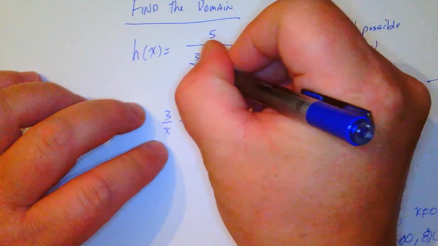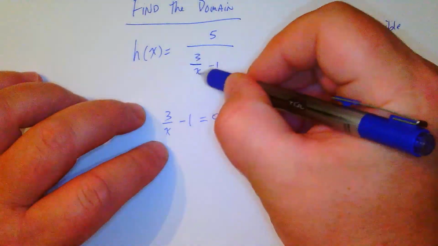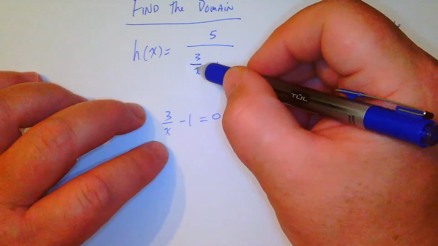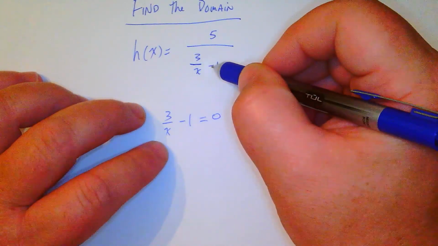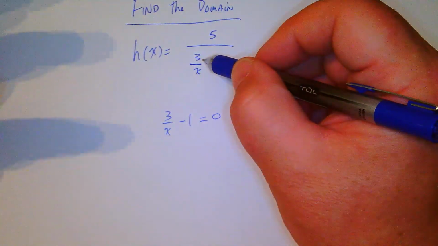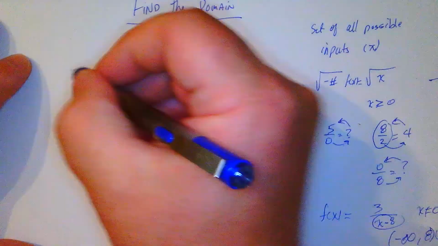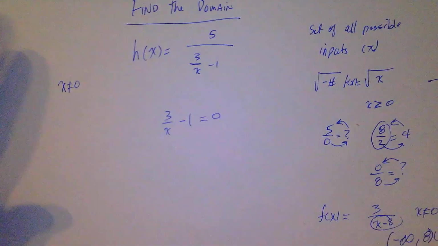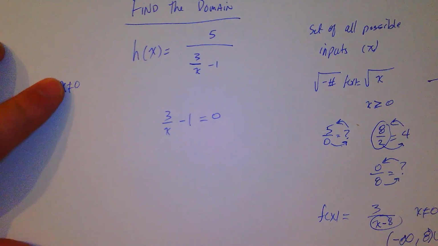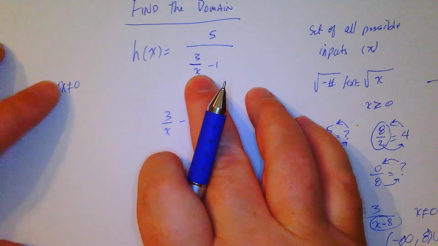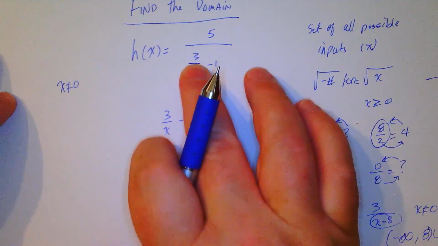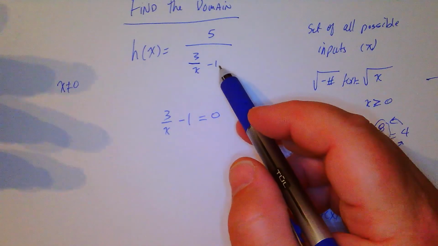X cannot be 0 right off the bat, because this part alone would be undefined. You can't subtract 1 from something that's not a number. So let's put that over there just for now, right? So x can't be 0, because that would make this part undefined, and then you can't subtract 1 from it.